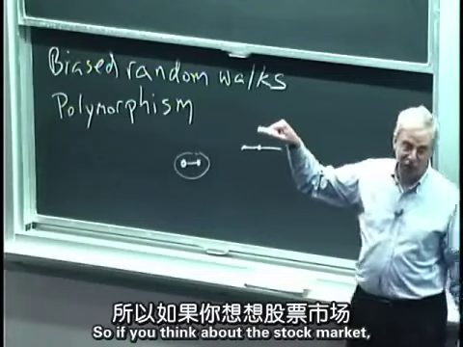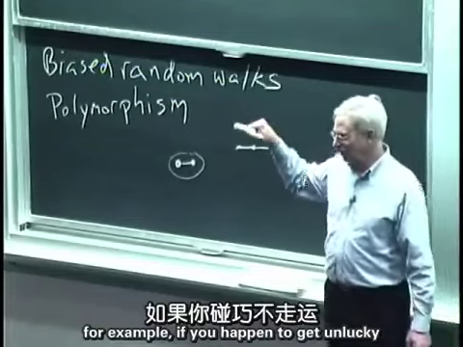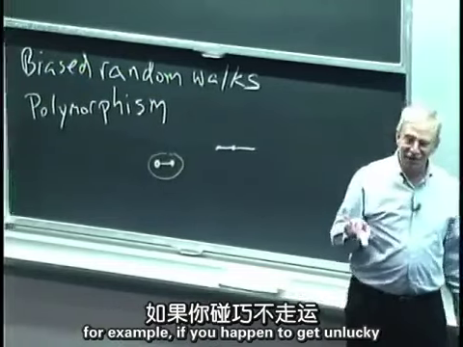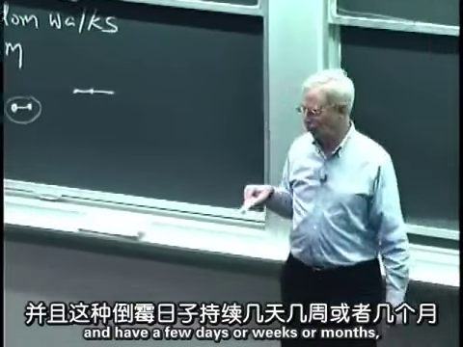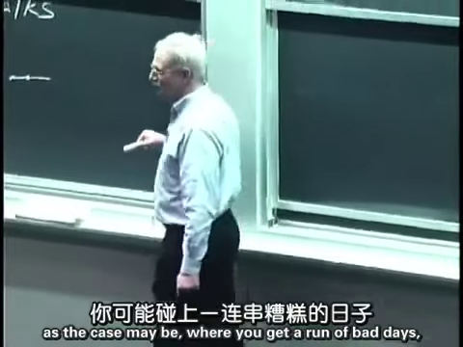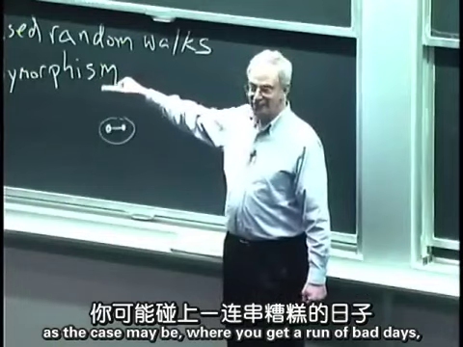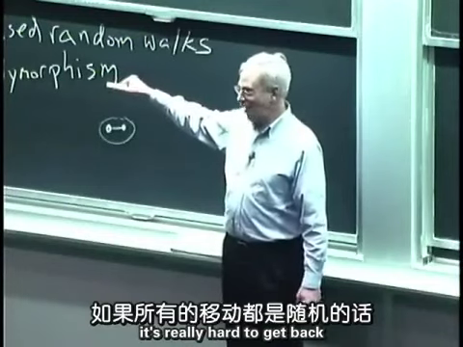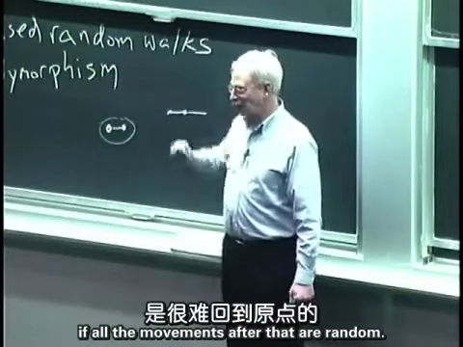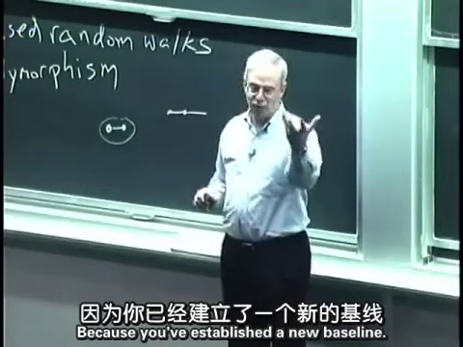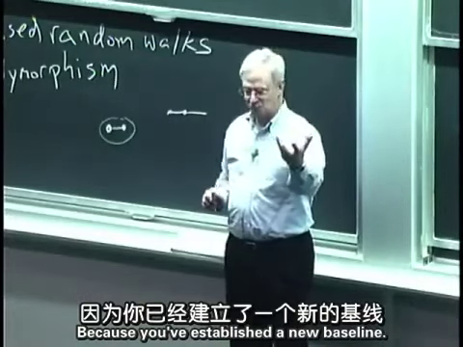So if you think about the stock market, for example, if you happen to get unlucky and have a few days or weeks or months, as the case may be, where you get a run of bad days, it's really hard to get back if all the movements after that are random, because you've established a new baseline.